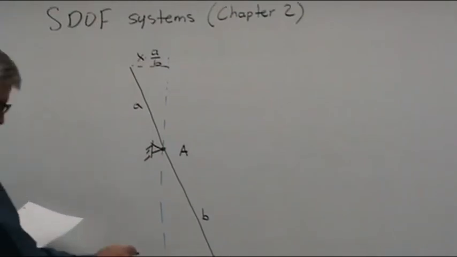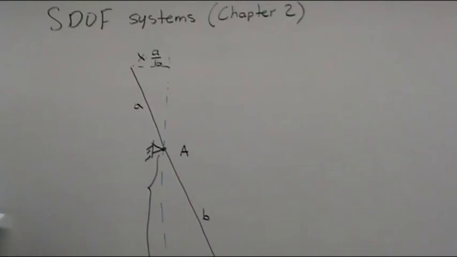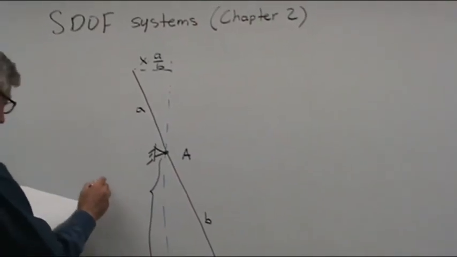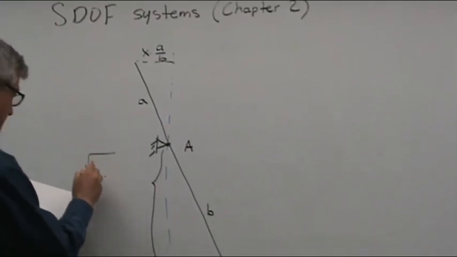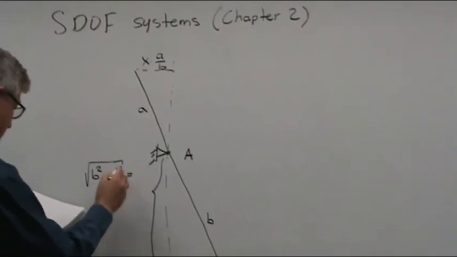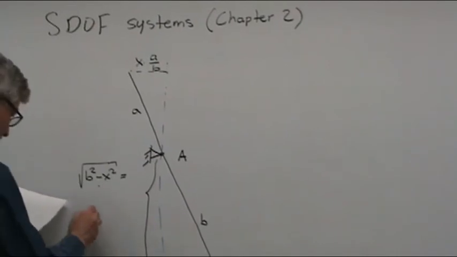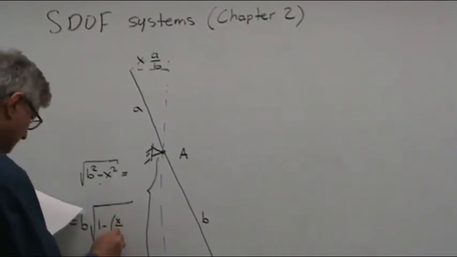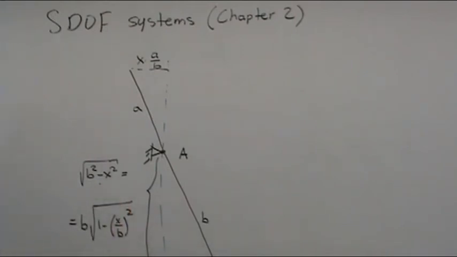Now, this distance you can write as the square root of b squared minus x squared, from the Pythagorean theorem, which is equal to b times the square root of 1 minus (x over b) squared. Okay?